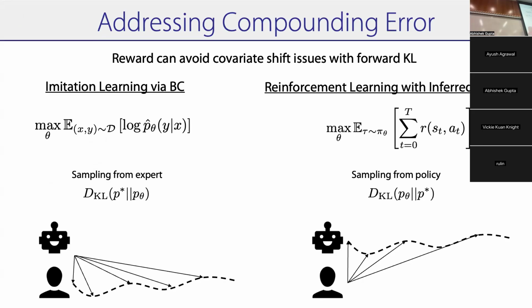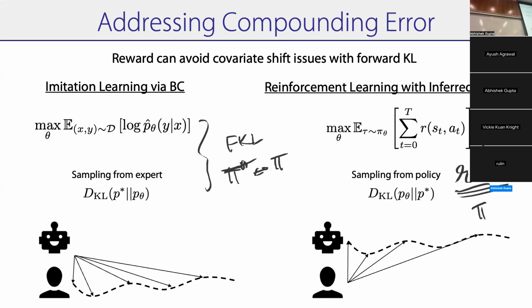It's like the difference between reverse KL and forward KL. You can think of the process of extracting a reward and doing RL as reverse KL, because you're sampling under your policy. You can think of behavior cloning as forward KL, because you're sampling under your expert. In behavior cloning, you're training under your expert and evaluating under your policy.